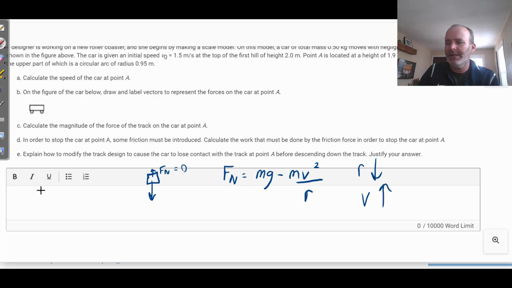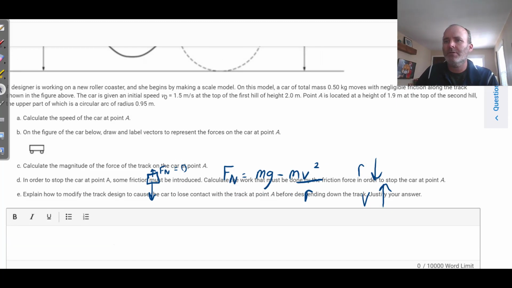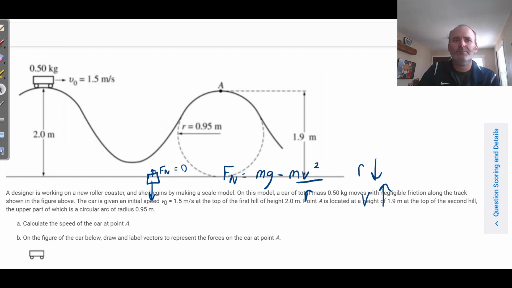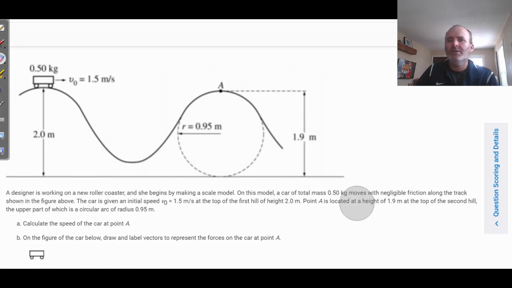To increase v, I think it'll be easier to show right here. What's one way I can make it faster?